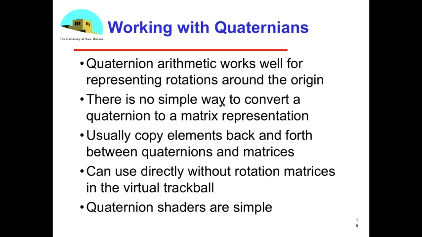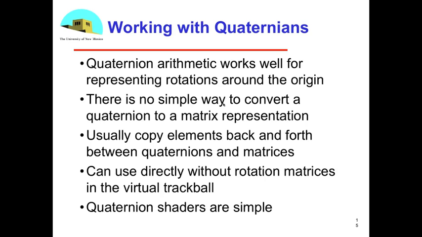Now, there's no simple way to go back and forth, unfortunately, between matrices and quaternions. There is a mathematical way of doing it. It's moderately sophisticated math to do that. Generally, what happens is that because you're doing translations and scalings and other types of transformations, not just rotations, all that quaternions are good for is the rotation part.